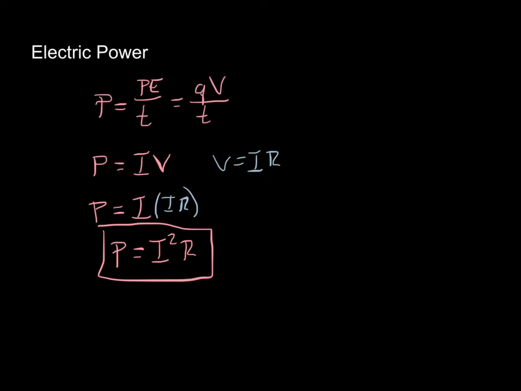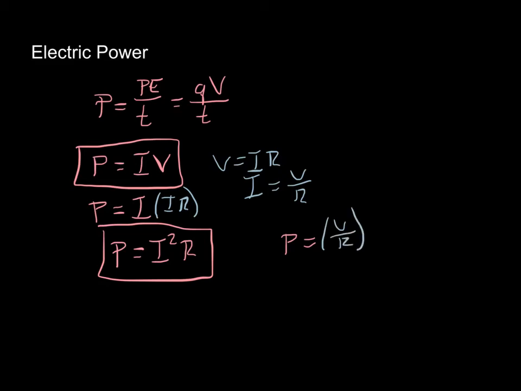One other way to write it: I is equal to V over R from Ohm's law, and I can plug that back into my original form. That's a second form of power. Power equals my current, V over R, times V, and that gives me V squared over R. Again, that could be power dissipated by a resistor.